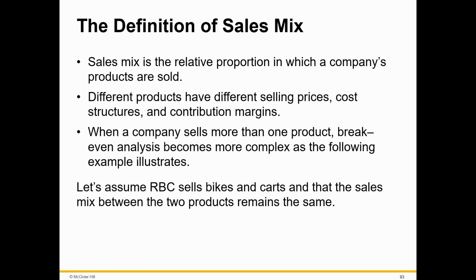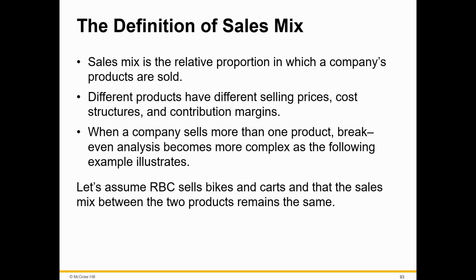So we see here that RBC, if they sell both bikes and parts, what would happen? Again, for these calculations, they assume a constant sales mix. The rationale for this assumption can be explained as follows. To use simple break-even and target profit formulas, we must assume the firm has a single product.